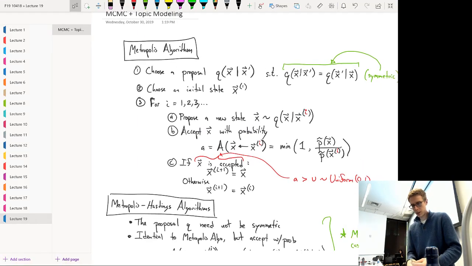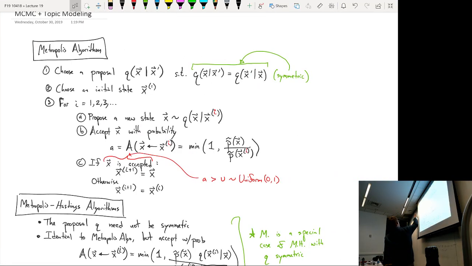Using a proposal distribution in this way allows us to take samples of new potential states that we could treat as samples. And like a rejection sampler, we compute some acceptance probability, which in this case was the min of 1 and the ratio of the probabilities of the new sample to the current state. And then we accept with that probability. It's important to look carefully at what this acceptance probability is actually saying.